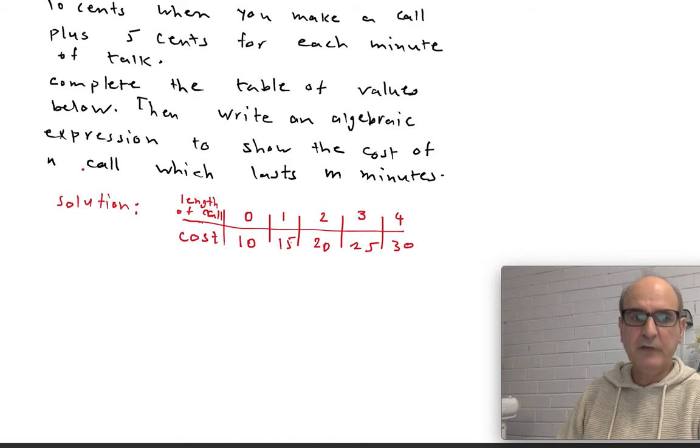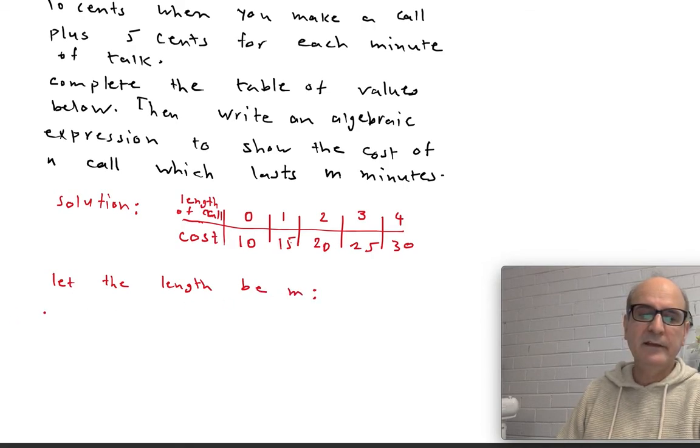All right, now we've got that. That's the first part. For the second part, they want us to write an expression. So let the length be m. So how much are we going to pay? Then the cost is going to be 10 cents, which you always pay as soon as you start the call, plus, because you did m minutes and each minute costs you 5 cents, 5 times m.